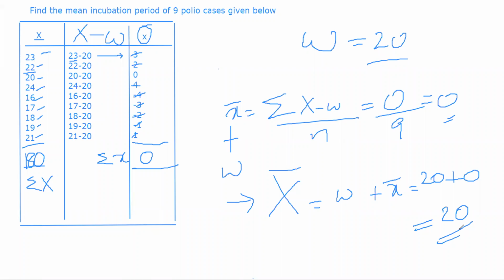This will look longer, but once you get problems in which observations are much more complicated, triple digit or quadruple digit, the assumed mean method is much easier than the direct method, because the direct method will involve much larger numbers. In the assumed mean method, you can take one assumed mean and decrease the values.